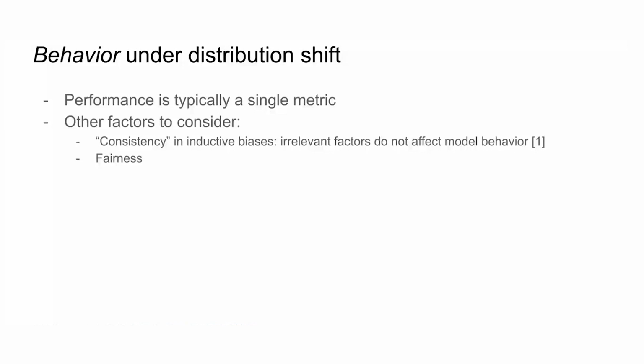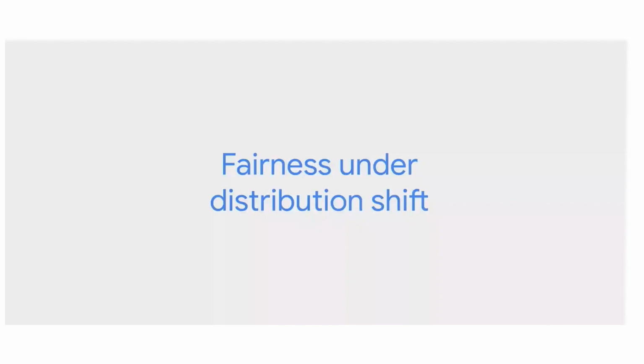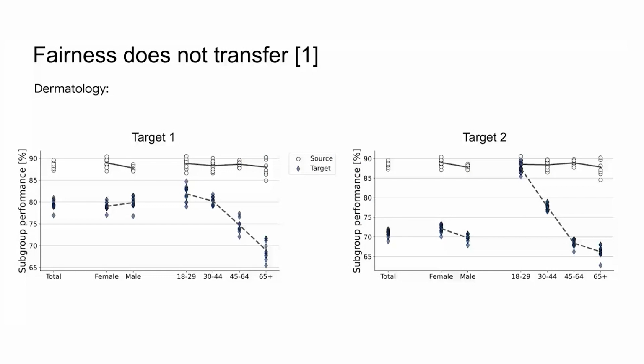So let's look at fairness under distribution shift. What we see is when we train a model for the dermatology case and we test it on our two target datasets. Here we have the dermatology clinics from Colombia, and every single dot is a replicate of the model.